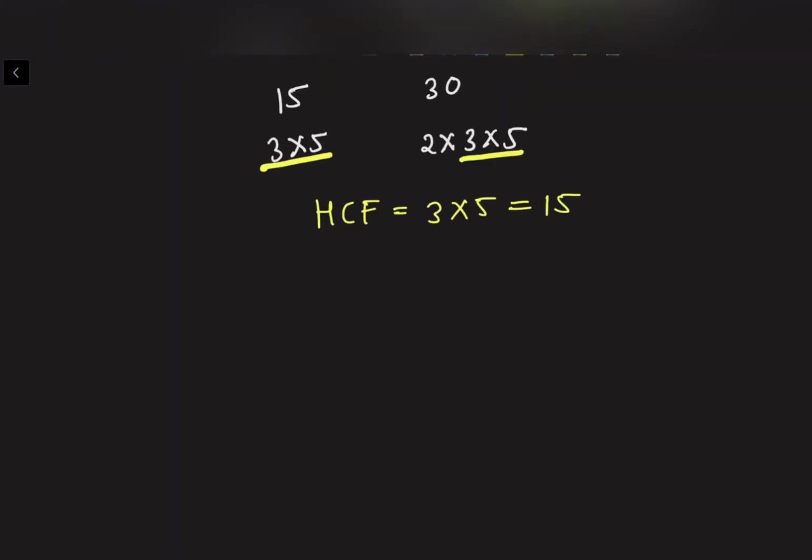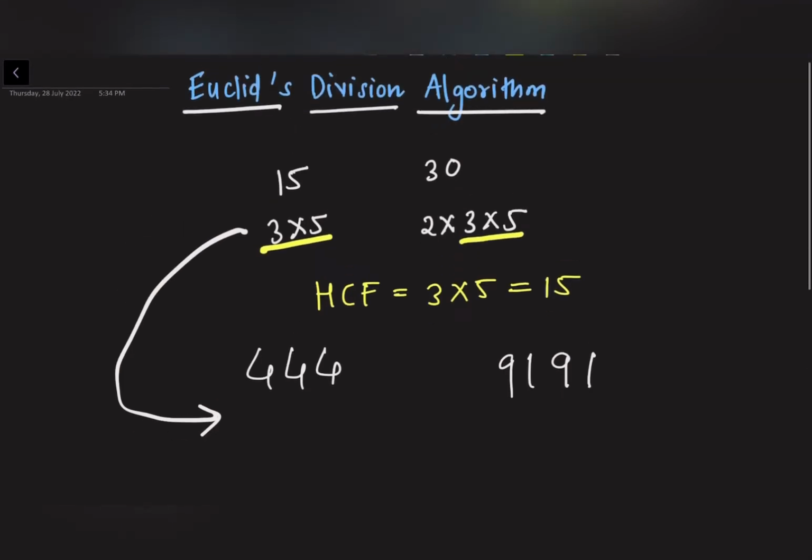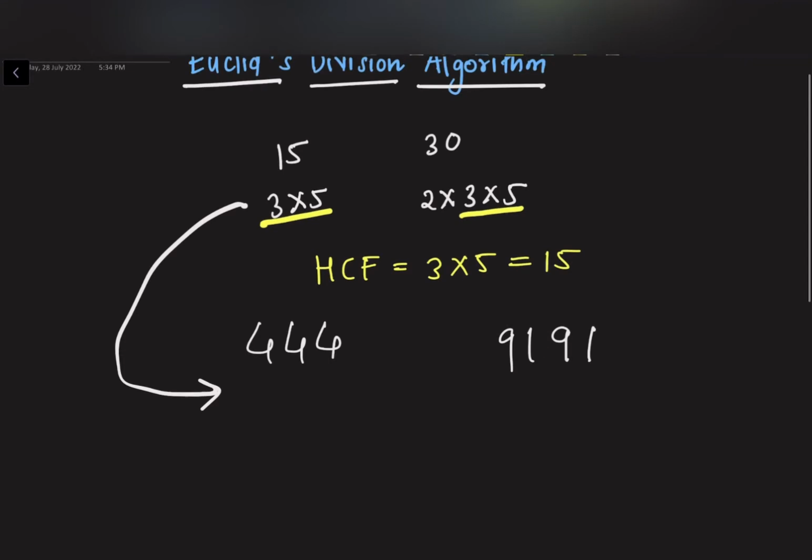But if you are given bigger numbers like 444 and 9191, yes, if you apply this method here to find HCF, it will take a lot of time, right? Yes, it will be time consuming. But by this Euclid's division algorithm technique we can find HCF of bigger numbers in a short time.